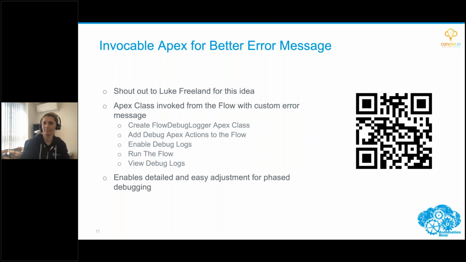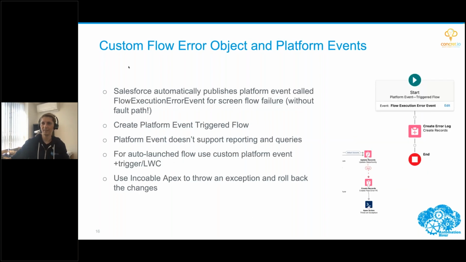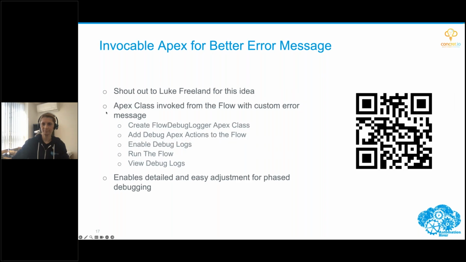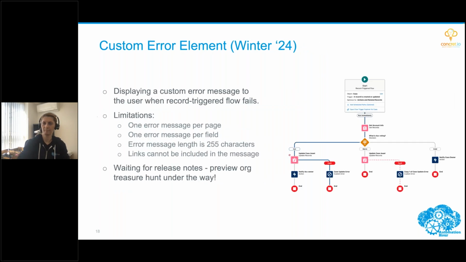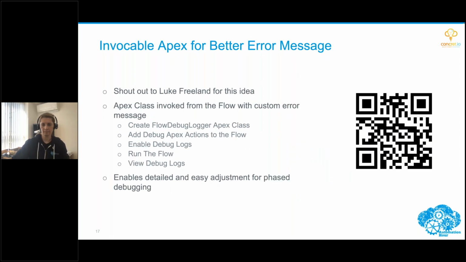So Alex, we have a couple of questions that came in that I think might be good to put here. Heather had asked, would rollback do the same thing as that Apex exception action that you showed? Yes, depending on how you debug the flow.